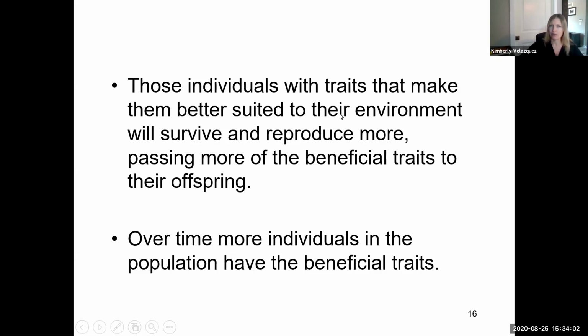Nature, or the environment, is determining which traits offer a survival advantage. And those beneficial traits are called adaptations. You're adapting to the environment. So think about something just as simple as a duck, okay? Imagine an eagle lands on the water and a duck lands on the water.